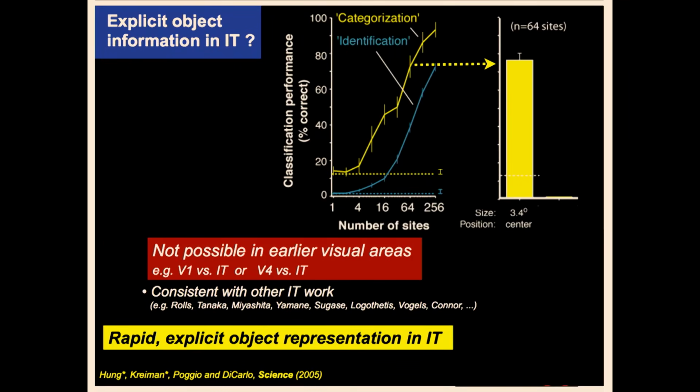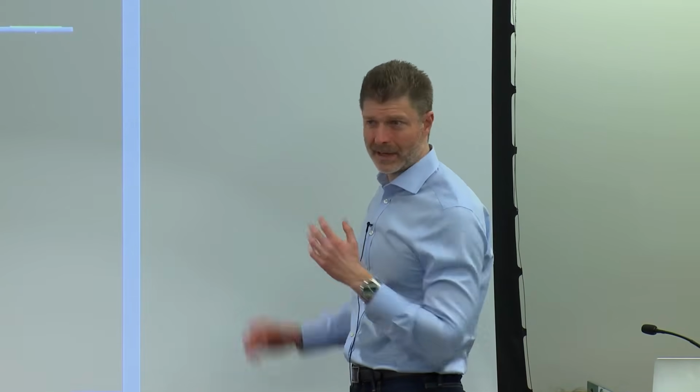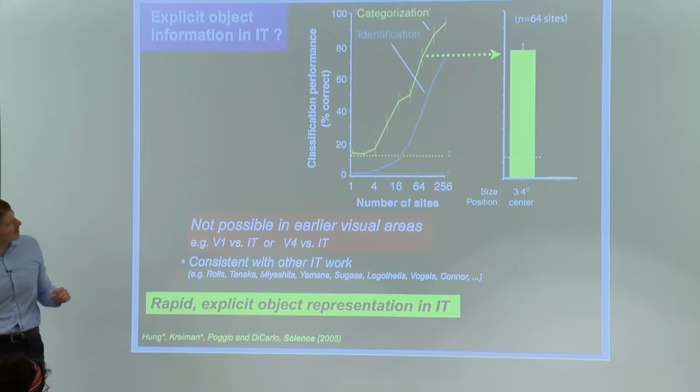And this is the result of that. The y-axis shows classification performance, and the x-axis is the number of sites that the classifier can operate on. So you can ask how the ability to classify things varies with the number of sites, and it gets better. There are two curves here because there are two kinds of classification that can be done.